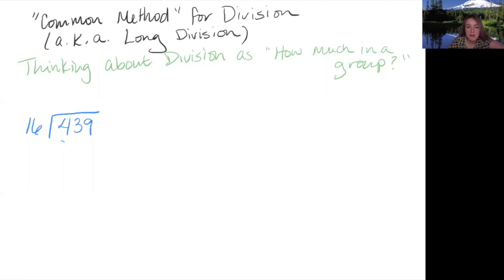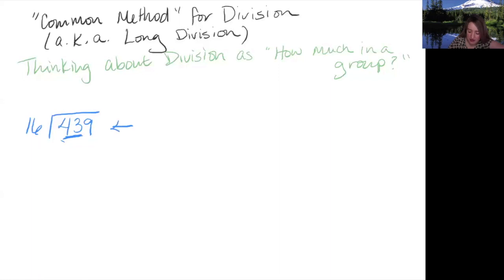What we actually want to ask is, can I split 4 hundreds across 16 groups without breaking up any of the hundreds? Not if I want to distribute things equally. So I'm going to need to break up my 4 hundreds into how many tens? 40 tens. And now I'm focusing right here, looking at 43 tens.